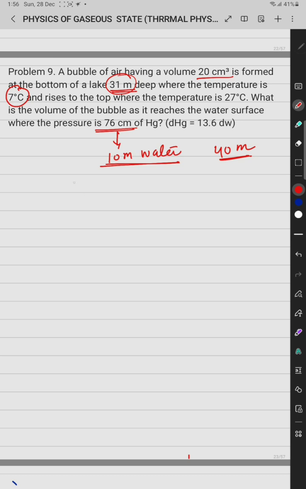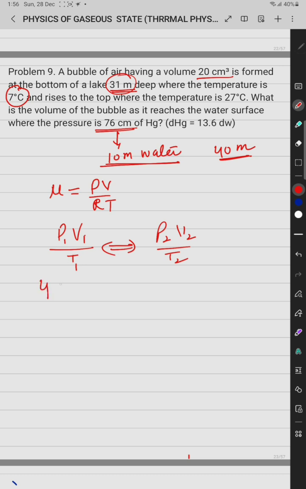So the number of moles inside the bubble is mu equal to PV by RT. Then P1 V1 by T1 is equal to P2 V2 by T2. Then the pressure at the bottom is 4 times the atmospheric pressure.